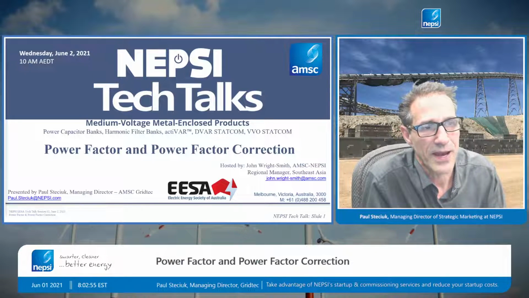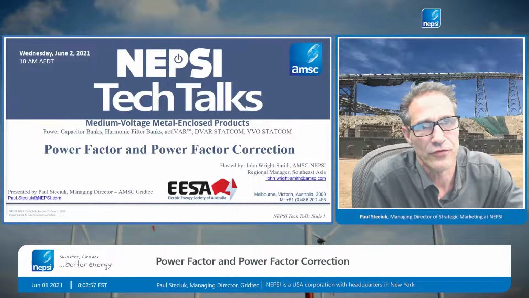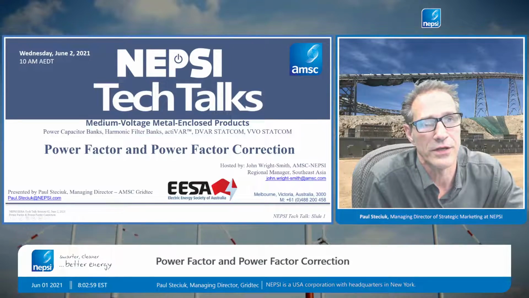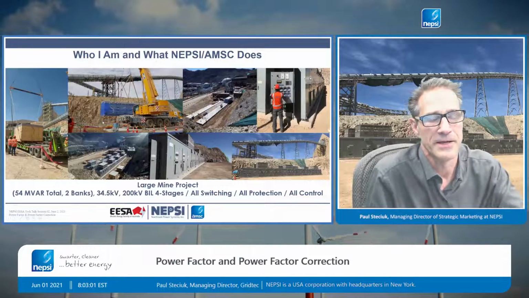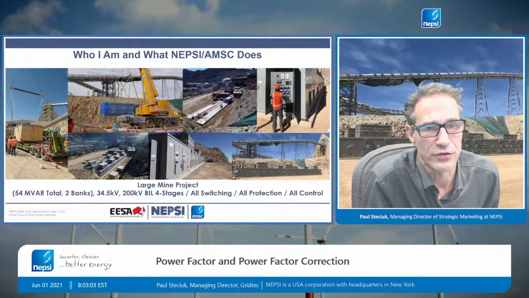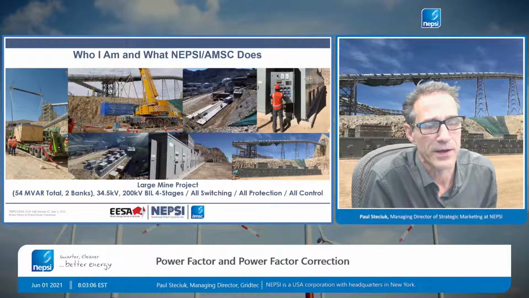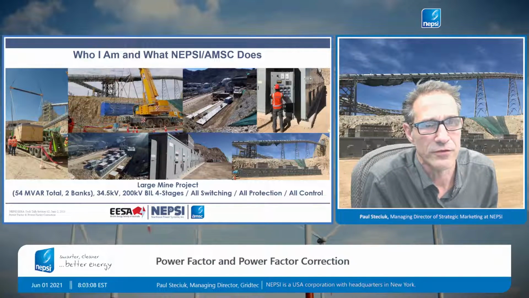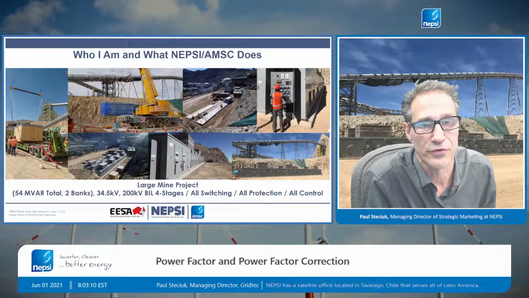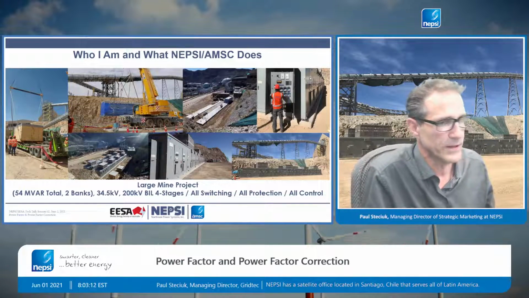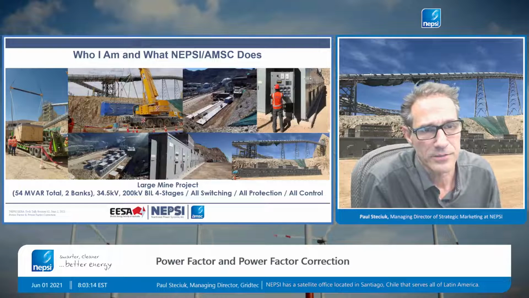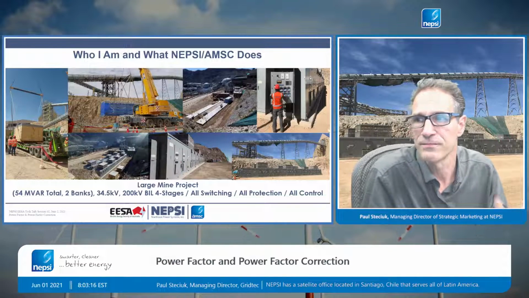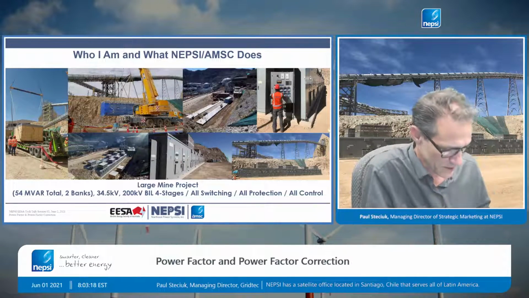NEPSI produces passive compensation solutions in the form of capacitor banks and harmonic filter banks, and this picture here clearly shows a very large capacitor bank, actually a harmonic filter bank for a mine project in Peru. It's 54 megabars. So today's discussion is about power factor correction, and reactive compensation.